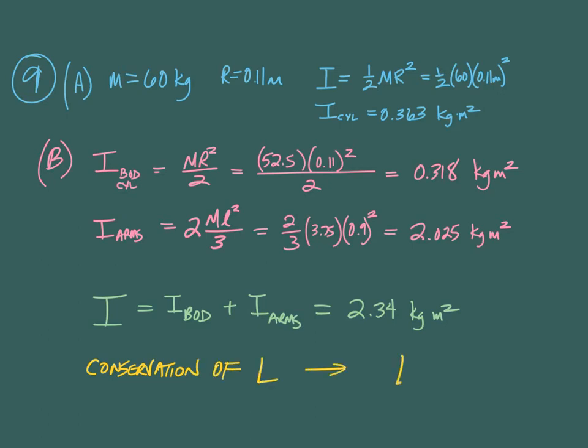That implies that my final angular momentum equals my initial angular momentum, which means my final I omega, rotational mass times rotational speed, equals my initial. Okay, so if any of those things change, then the speeds necessarily change.